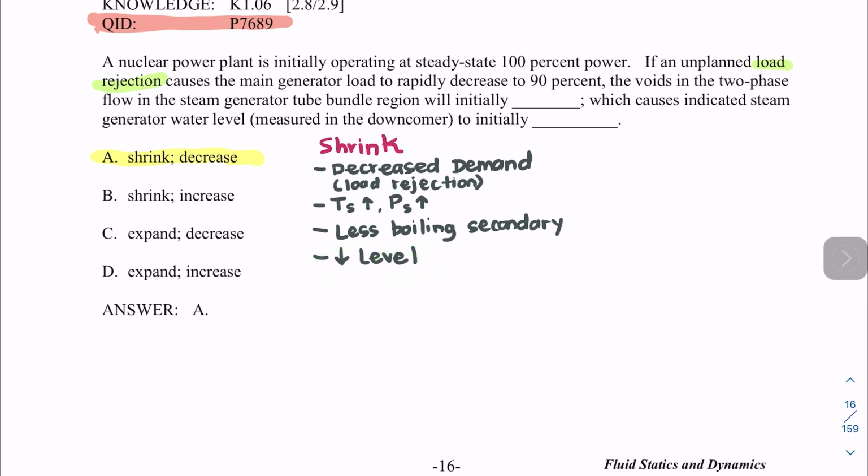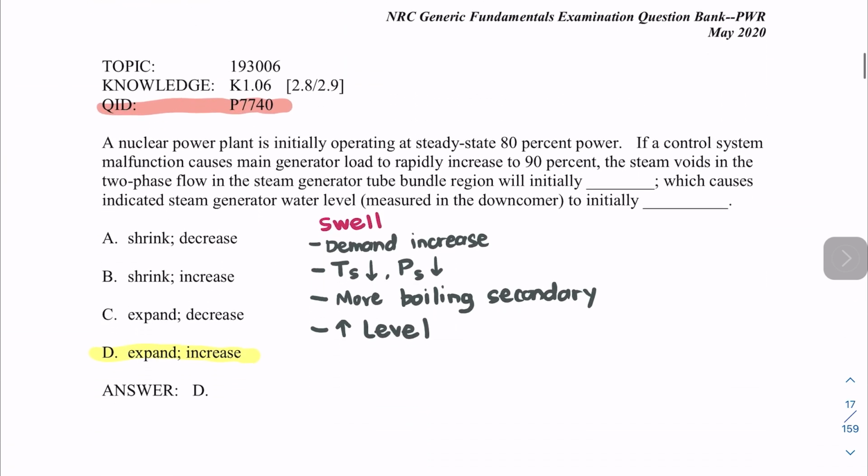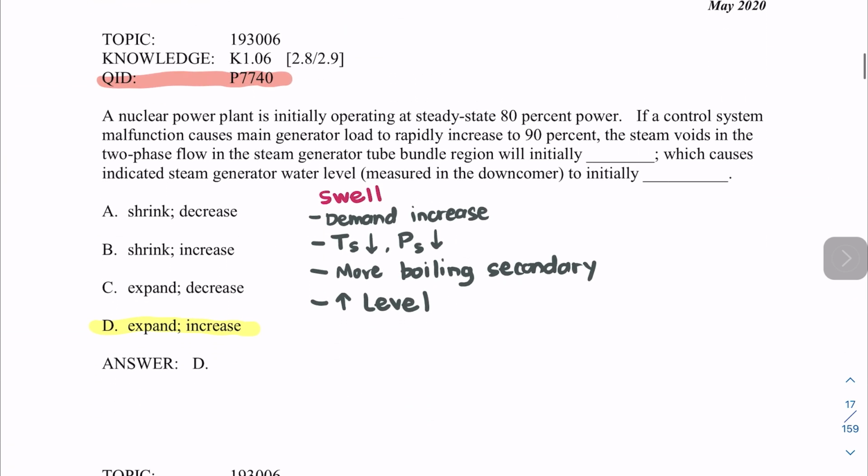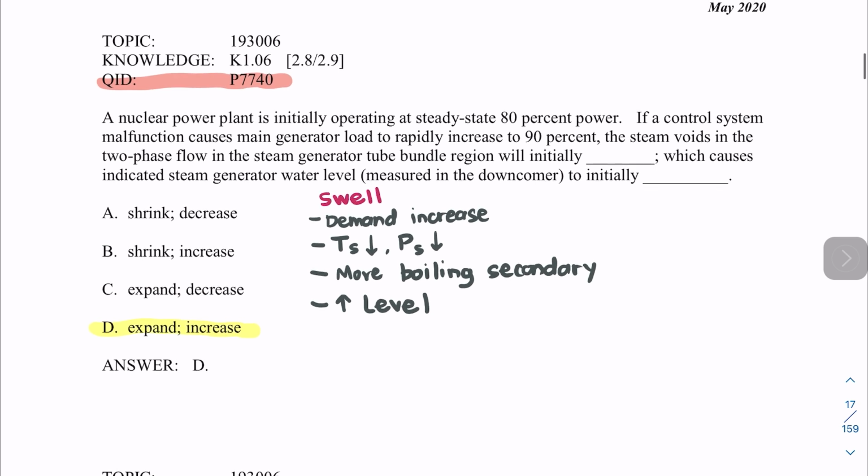So as long as we remember that, I think we are going to be okay. Decreased demand, it shrinks, and the water level will decrease, right? And we already went through all the explanation for this one. So now we're going to have another question.